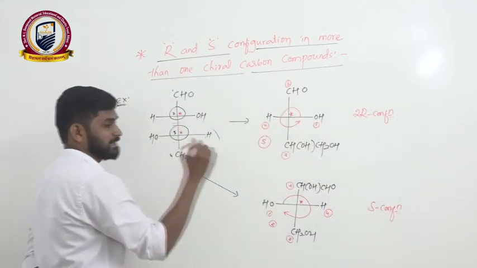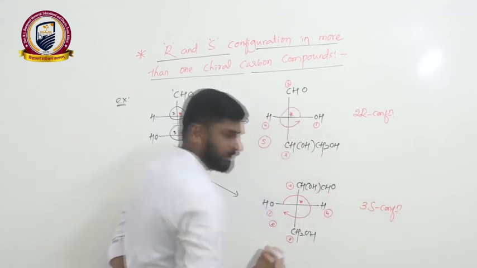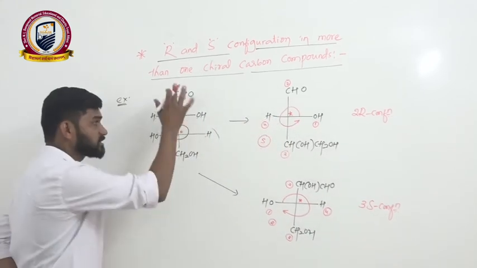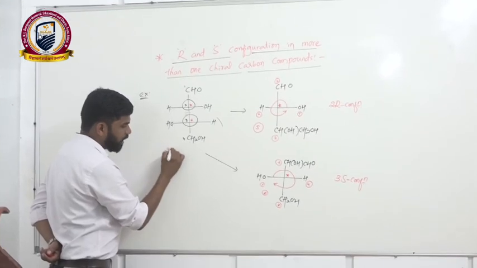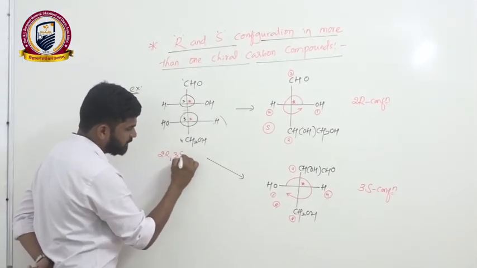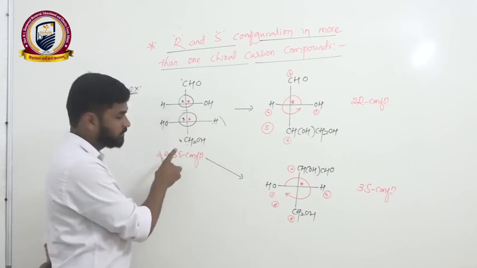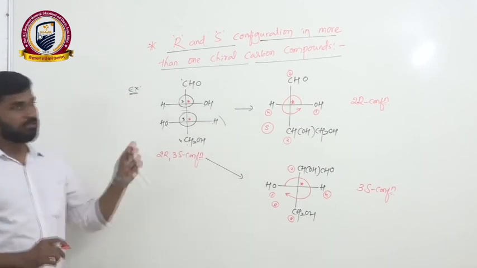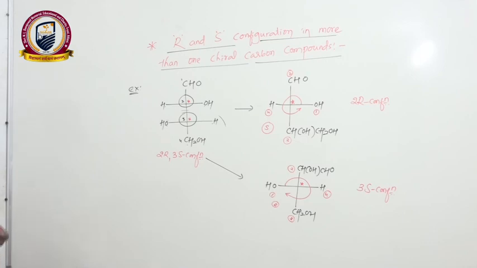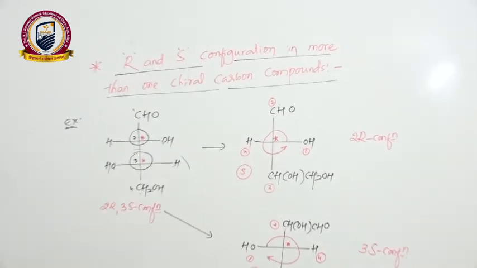At the third chiral center, therefore this is 3S. So we write its configuration as 2R, 3S. This is how we can write the R and S configurations for compounds having more than one chiral center.